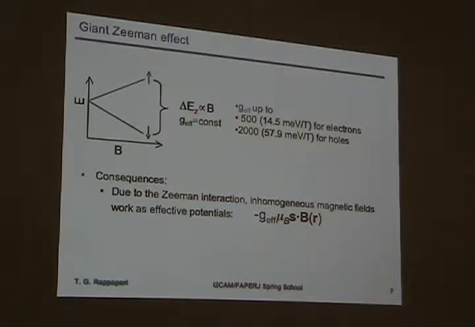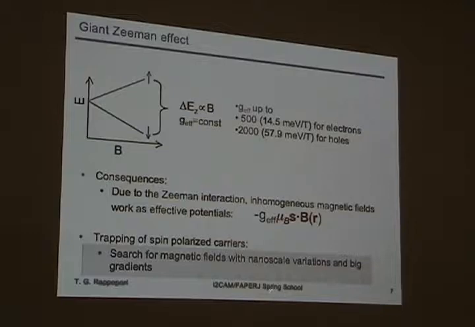It will work like a barrier for one of the spins, and it will work as a well for the other spin. So it can actually trap spin polarized carriers. So now we look at other systems to couple to this DMS in order to generate this magnetic field that has to change on a scale of a few nanometers in order to really trap these spin polarized carriers.